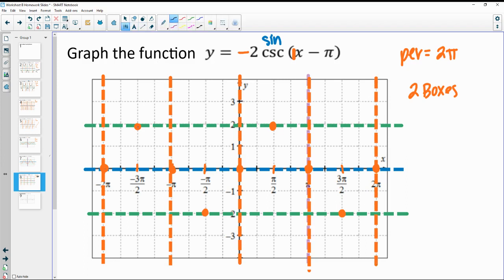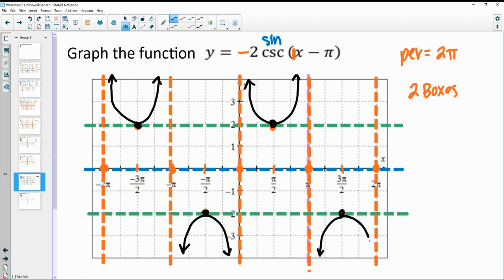Then cosecant is going to share the maxes and it's going to go up from those maxes. And it's going to share the mins but go down from the mins. And then these curves should go out towards your asymptotes. So there's the cosecant function.